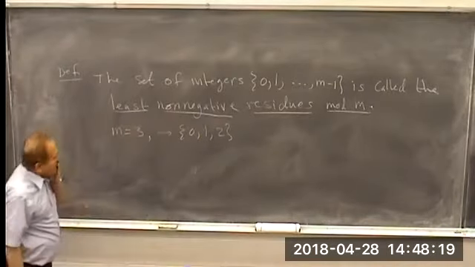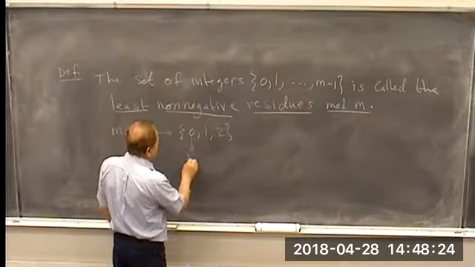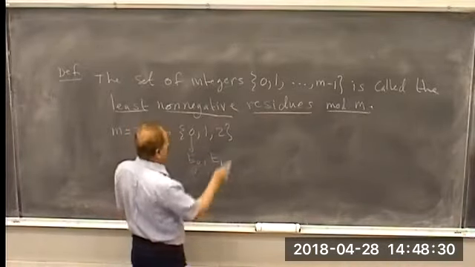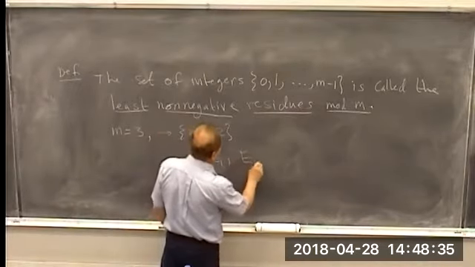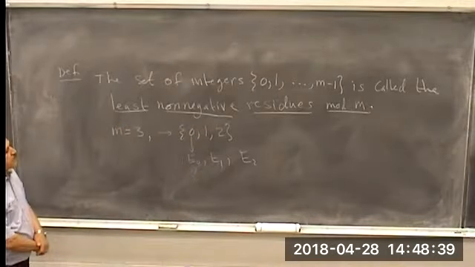And the residue classes they produce are E sub 0, which is multiples of 3, E sub 1, multiples of 3 plus 1, or the numbers that leave 1 when divided by 3, and then we have E2, those integers that leave a remainder of 2 when divided by 3.